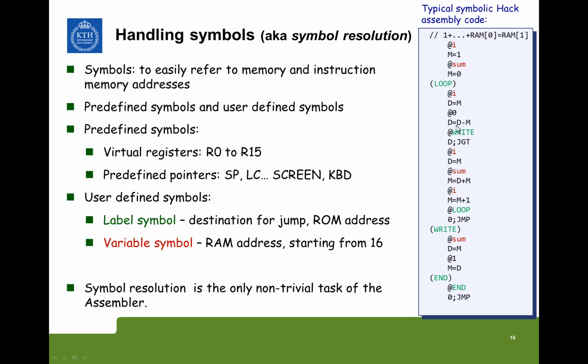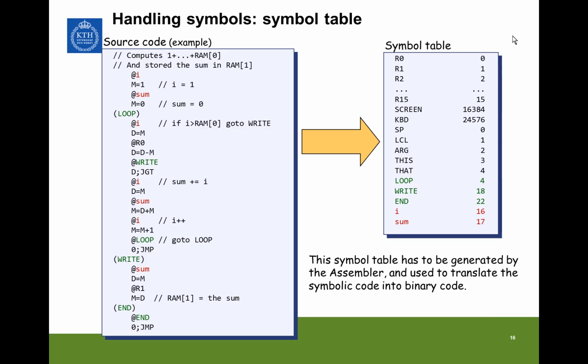Okay, so here we can see some examples in this code for labels and for variable symbols. The main step of symbol handling is generating a symbol table and of course using it later on.